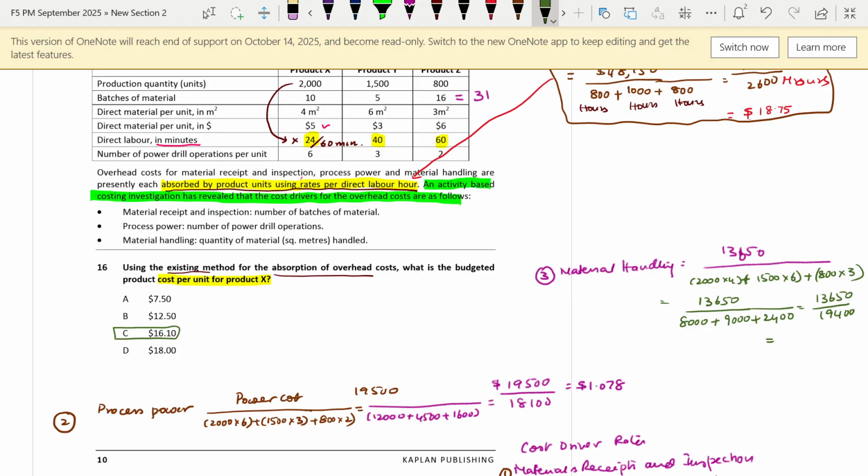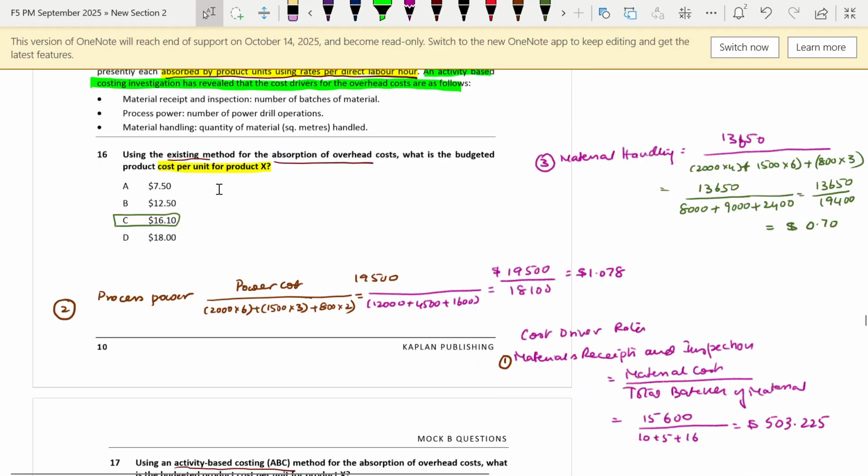How much will you get? 0.703. Are you clear about this? Yes. Nothing is there. Done. It's over.